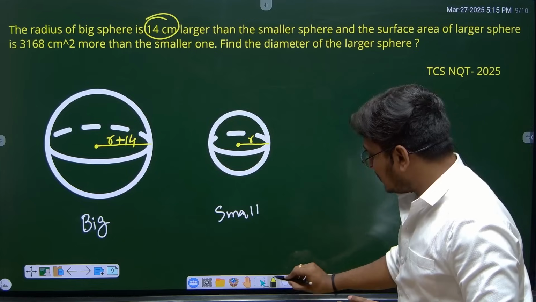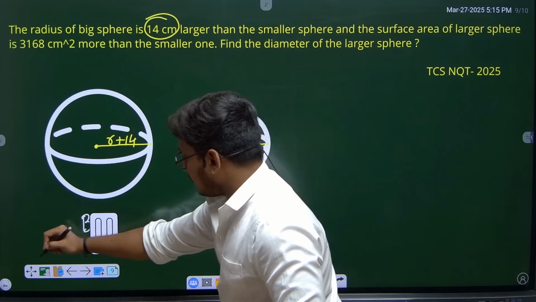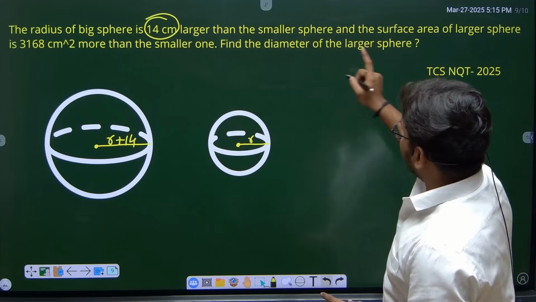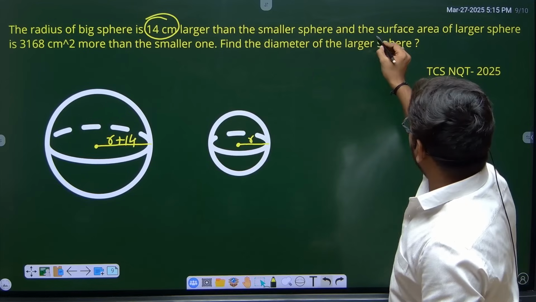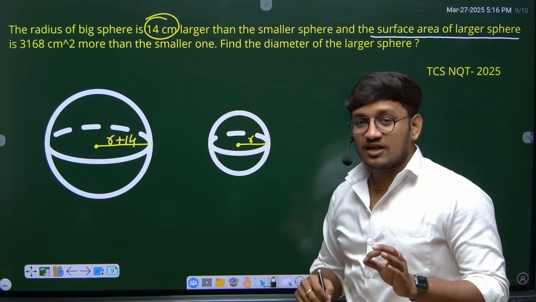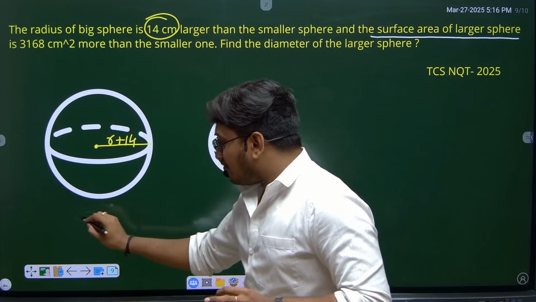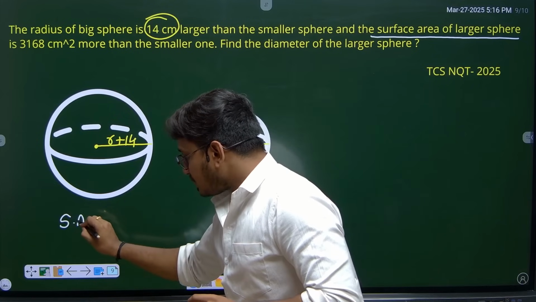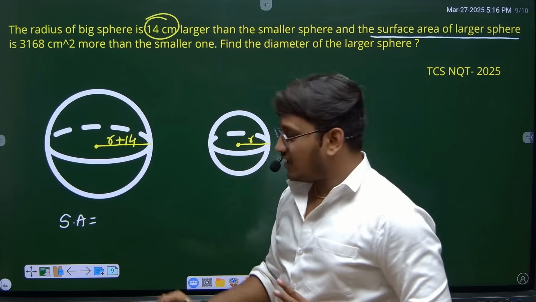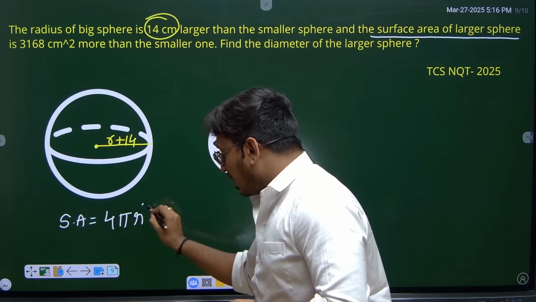Now the question has one more condition given. What is the condition? This is very, very important: the surface area of a sphere. Do remember, guys, the surface area of any sphere is 4 pi r square.